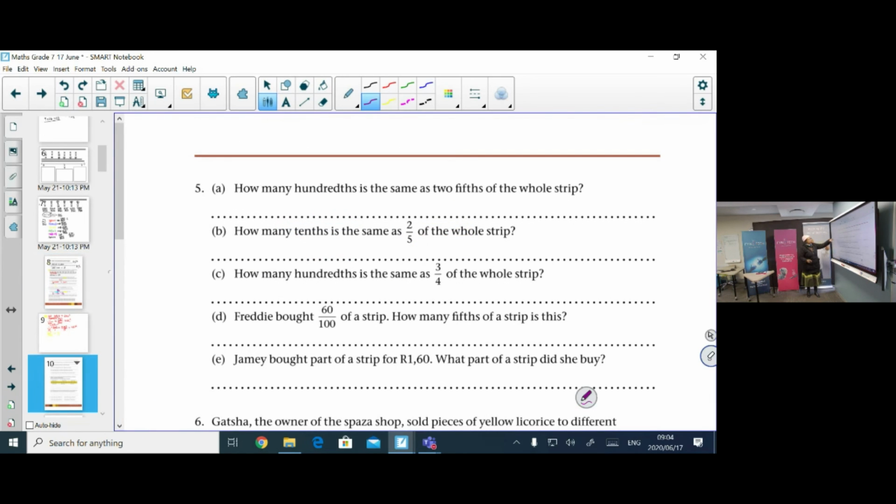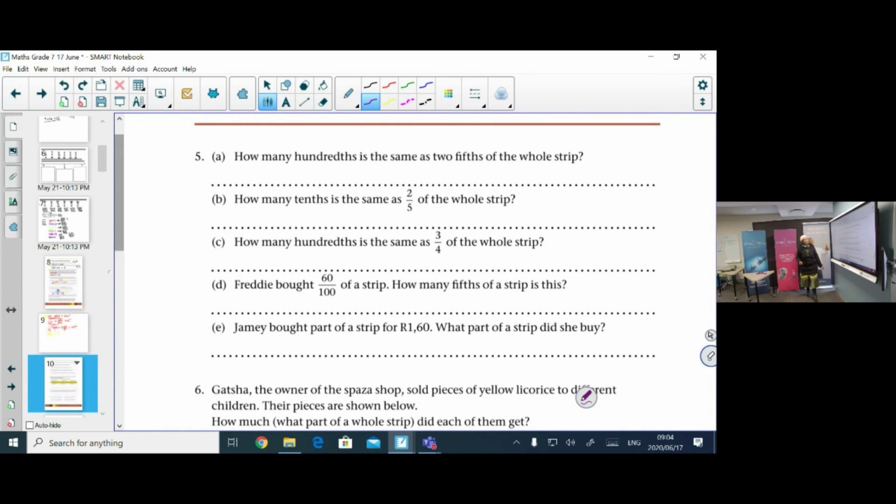The next question. Let's highlight again so that we see how many hundredths. 2/5. Can you quickly do it, because we've just done it in a similar way now.